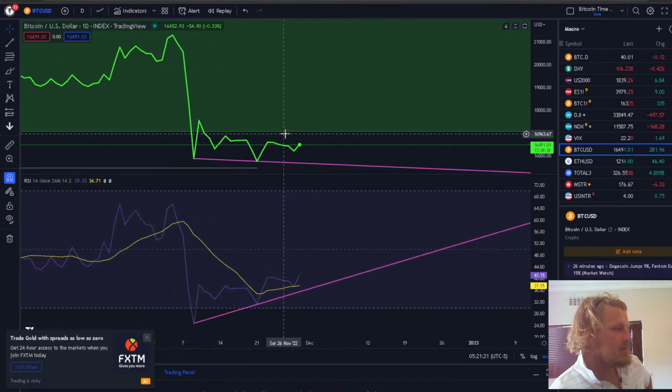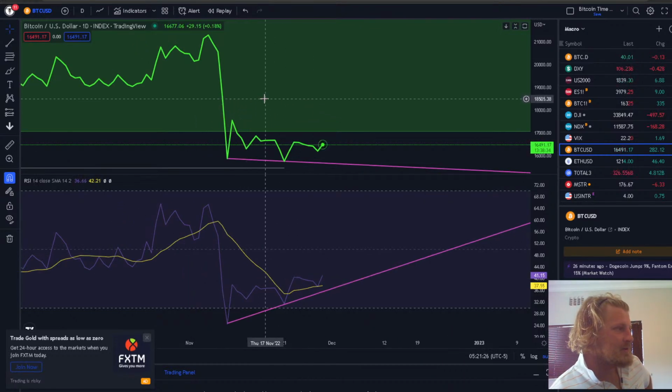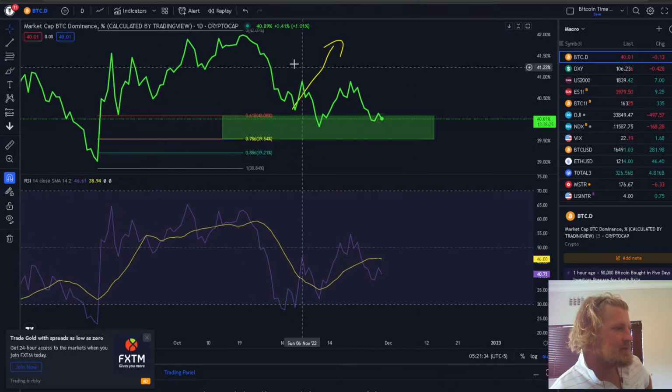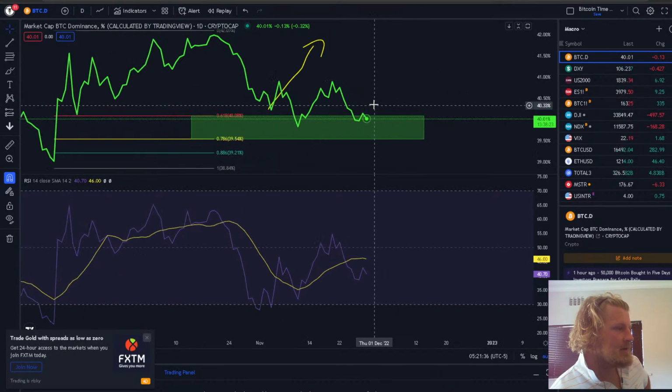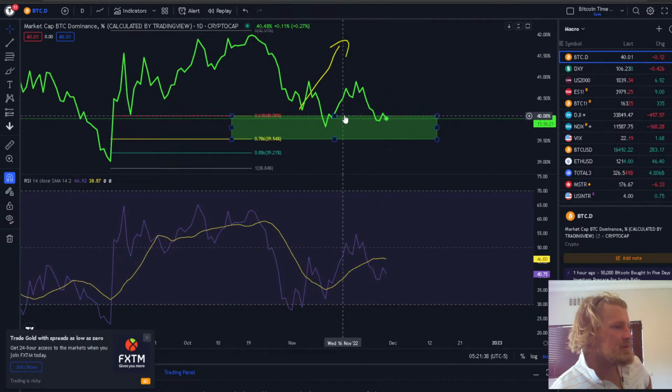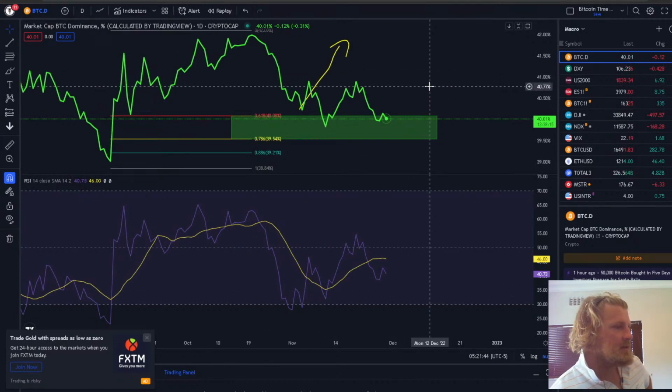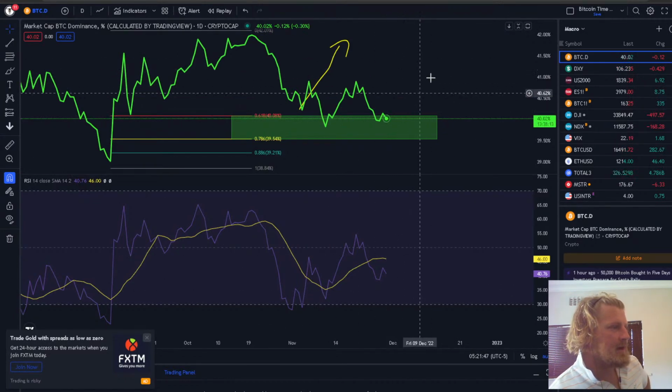So Bitcoin in fact looks bullish where the rest of the market looks pretty bearish, right? If we go back to the Bitcoin dominance, let's just see what the altcoins might be doing. So we've got nice higher lows on the candle bodies here, which tells me, so no divergences yet, but it seems like the altcoins might have a run as well.